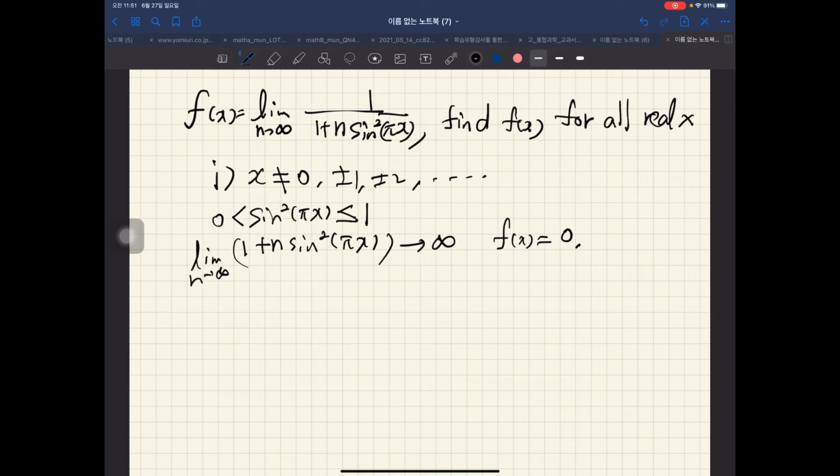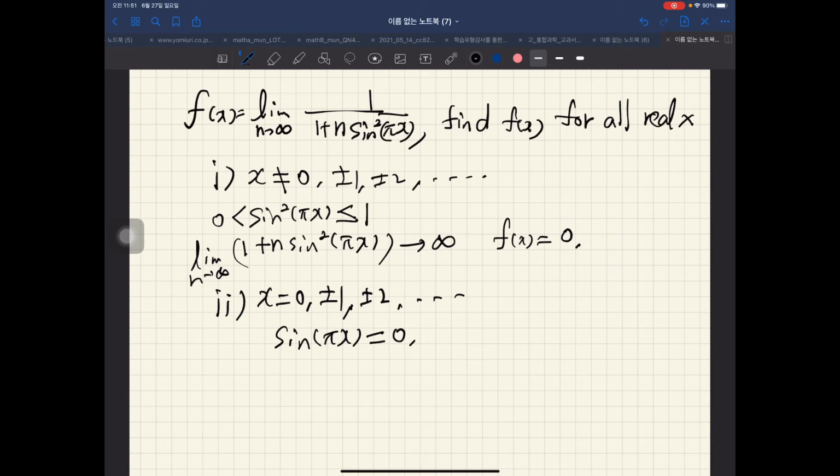Then what happens at the integer values of x? That is the second case, when x equals 0, plus or minus 1, plus or minus 2, and so on. Then sine pi x becomes just 0, since the parameter is an integral multiple of pi.